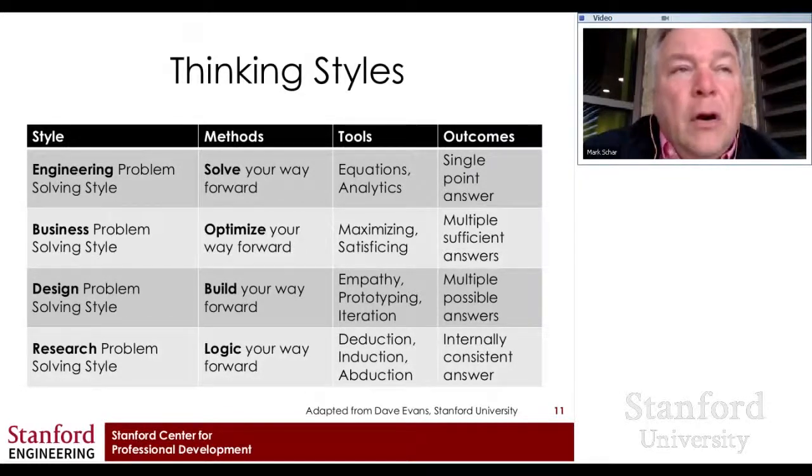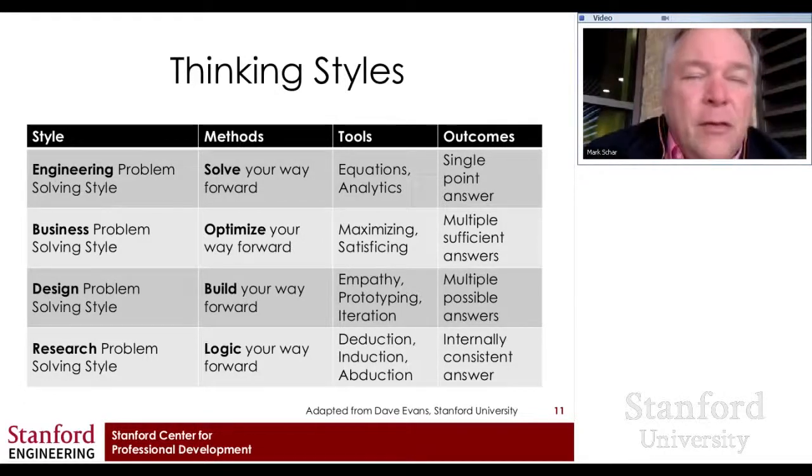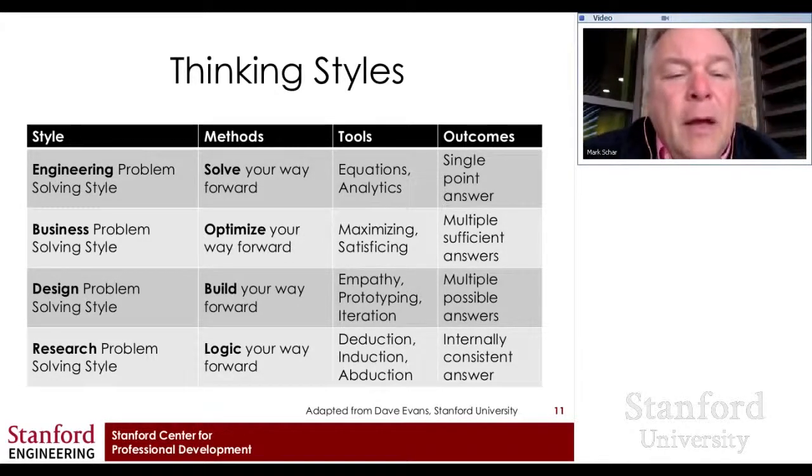The tools they use are equations and analytical thinking in that process. And the goal of engineering thinking is what we call single point answers. In fact, it's so single point that when they get to the answer, they're expected to draw a box around it. And of course, a box is a closed symbol, and that is the right and appropriate answer.